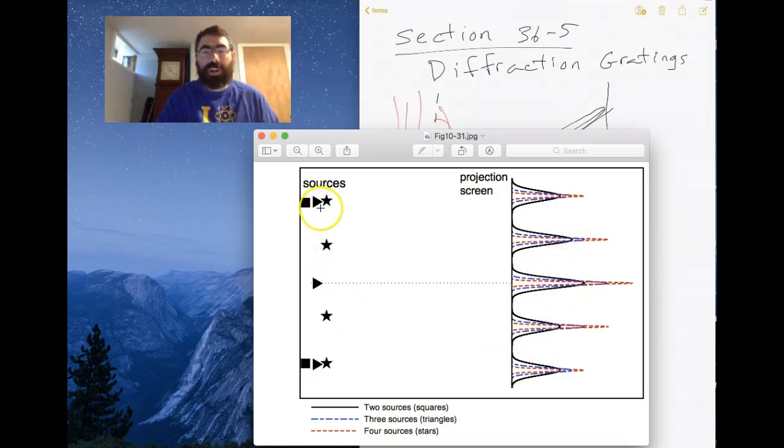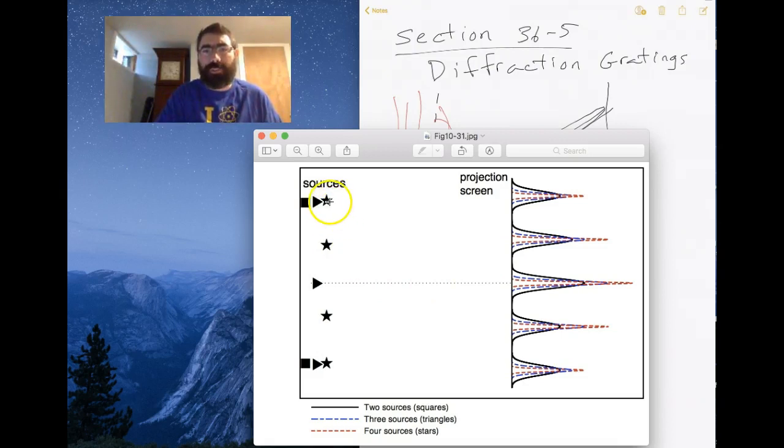But then if I now up the number of sources to 3, so you have 3 slits, and that's the triangles, then you're going to get the dashed blue lines, which you can kind of see are starting to get more and more narrow. The position of the maximum and the minimum stay the same, but all I'm doing is narrowing the function, basically the spreading of the light in that bright band.